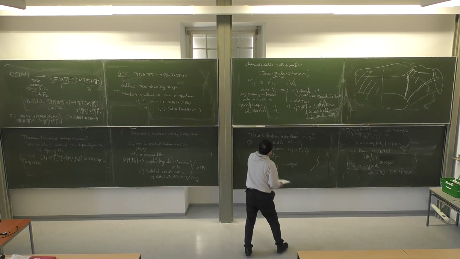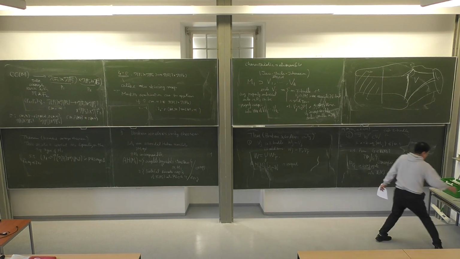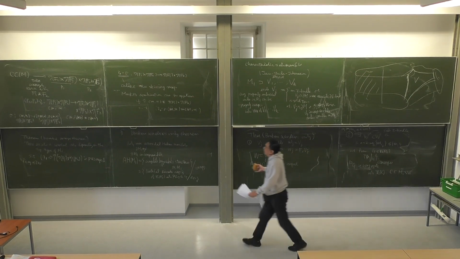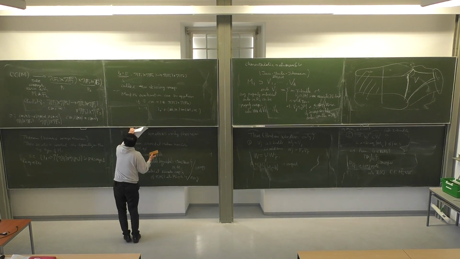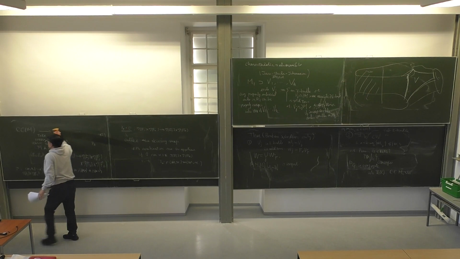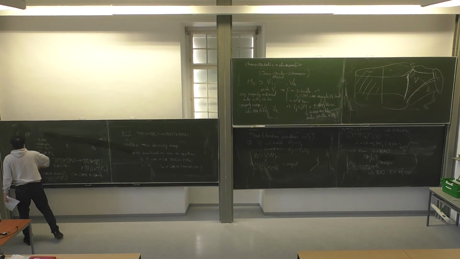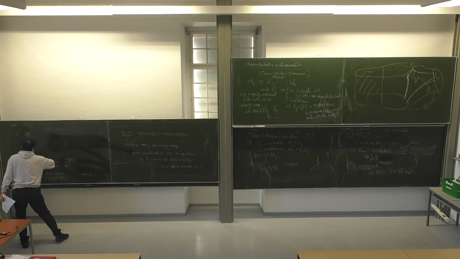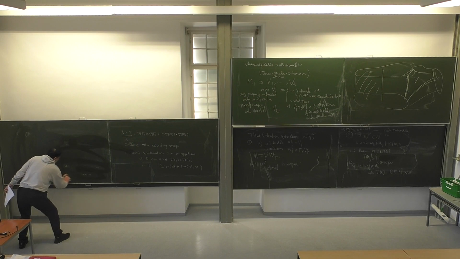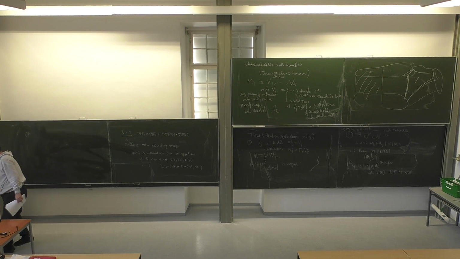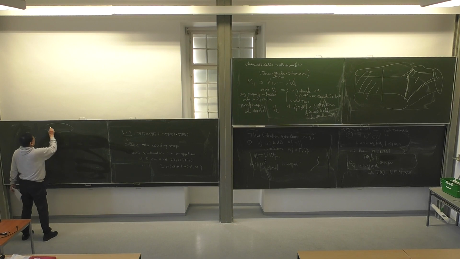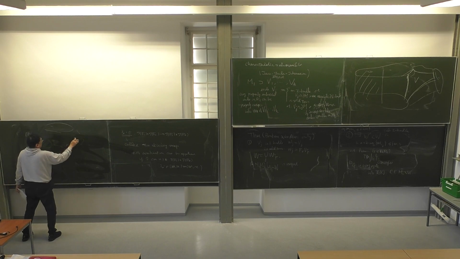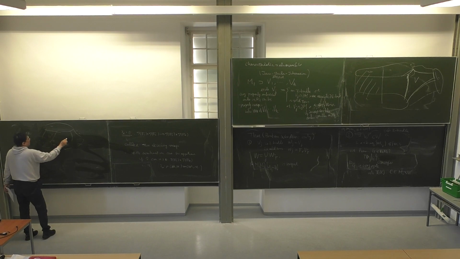So that means, well, let me draw a figure somewhere. So you have a manifold M1, and probably there's something like W prime.